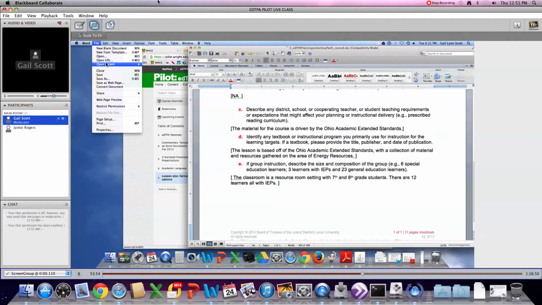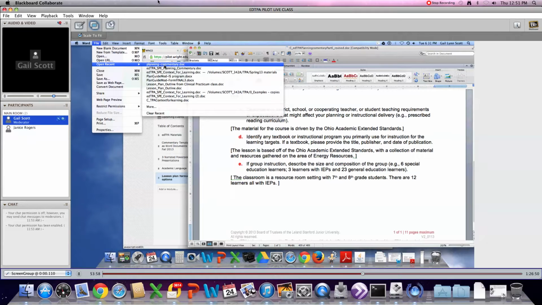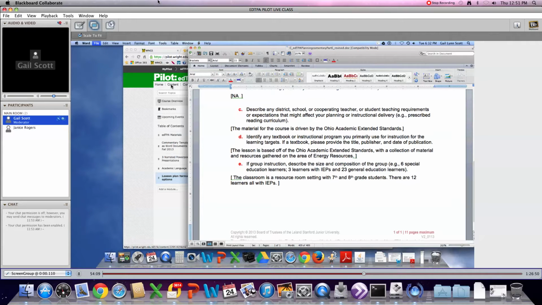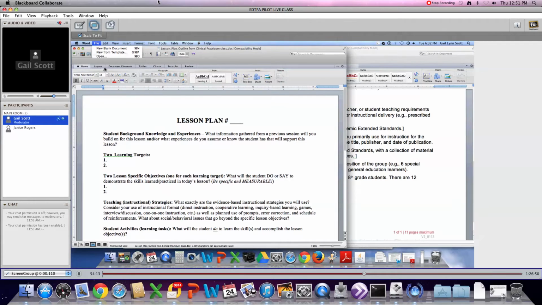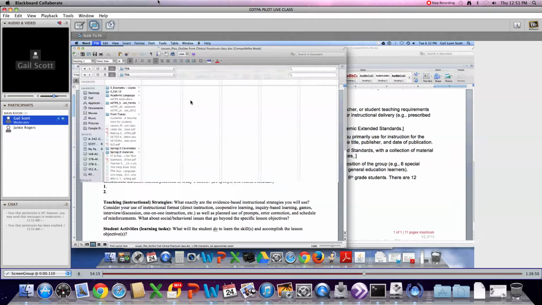Not sure why I'm getting that. Okay, here's another template you might want to use. I'm not real happy with it.